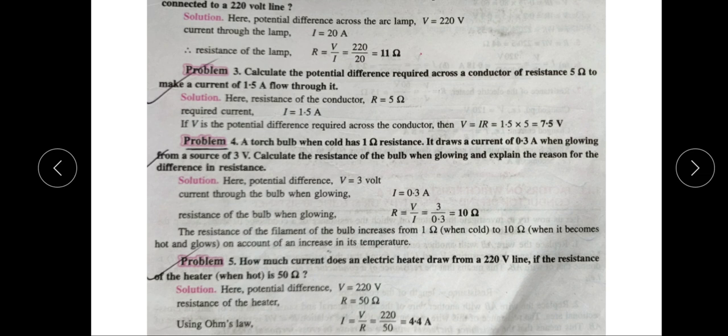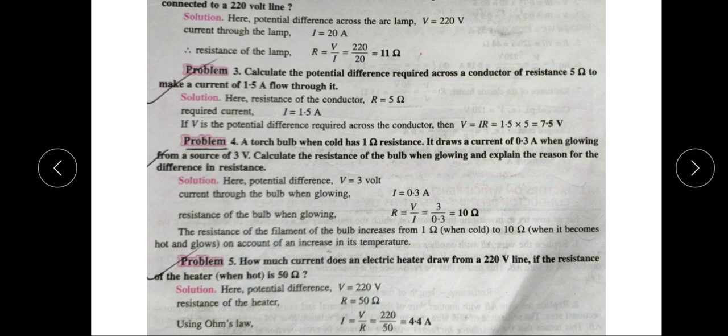Okay. The resistance of the filament of the bulb increases from 1 ohm to 10 ohm, when it becomes hot and glows, on account of an increase in temperature.